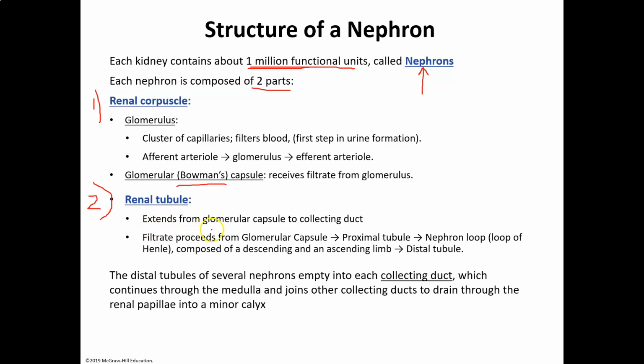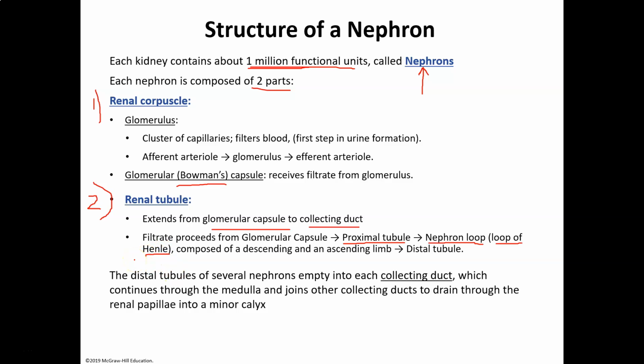So the tubule extends from the glomerular capsule to the collecting duct. There are three portions of the renal tubule that you need to understand and need to know. There is the proximal tubule, or what is known as the proximal convoluted tubule. You'll see why it's convoluted in a moment. But proximal tubule, that's one part of it. Then there is the nephron loop. Now, it used to be referred to as the loop of Henle.